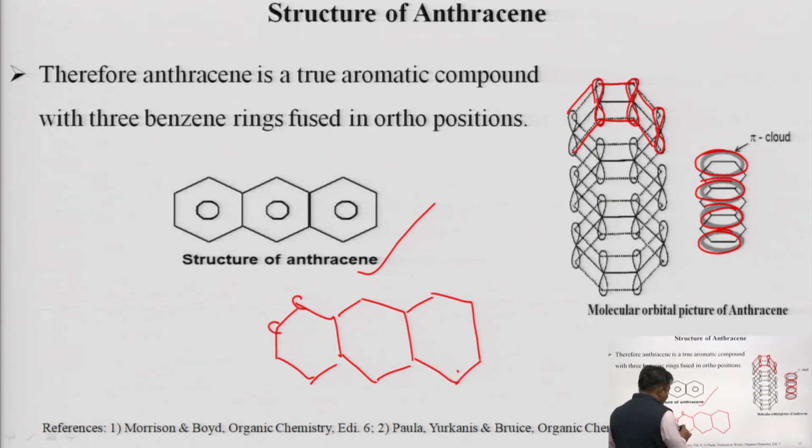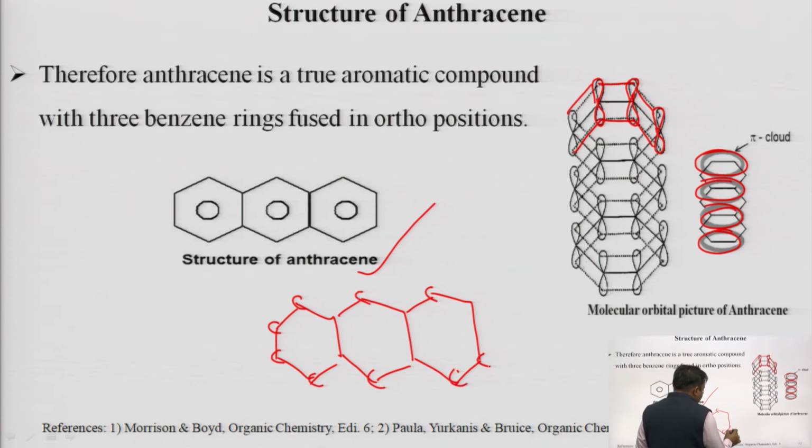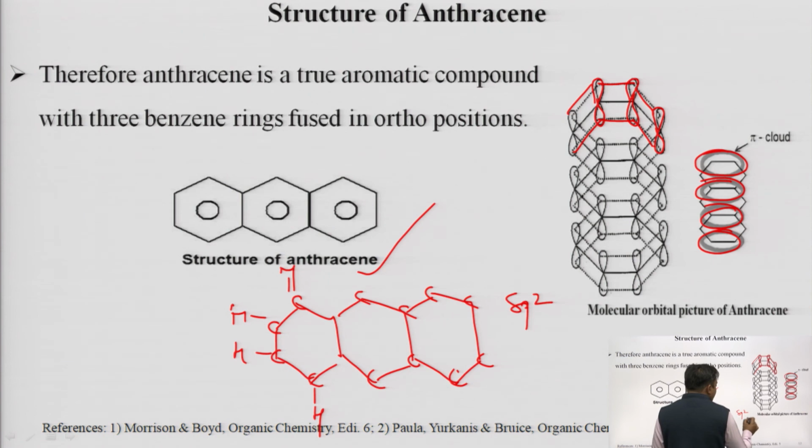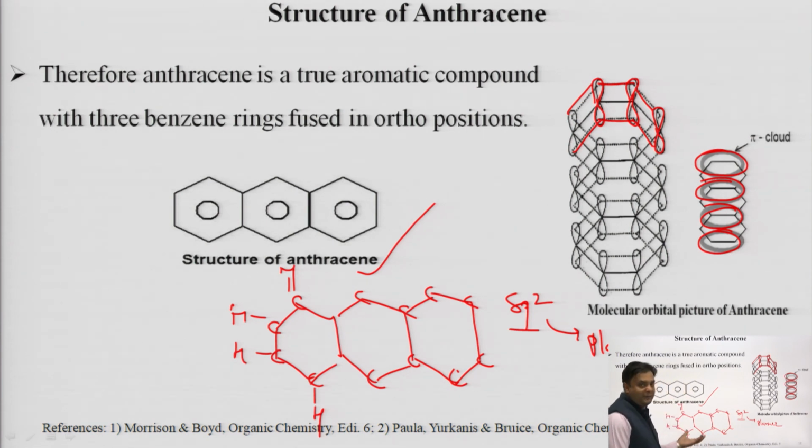This is carbon, this is carbon, each carbon having 4 valency. Each carbon is sp2 hybridized. sp2 means planar. This carbon is sp2 hybridized, meaning anthracene is a planar molecule.